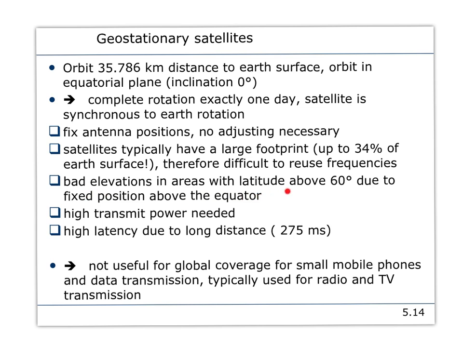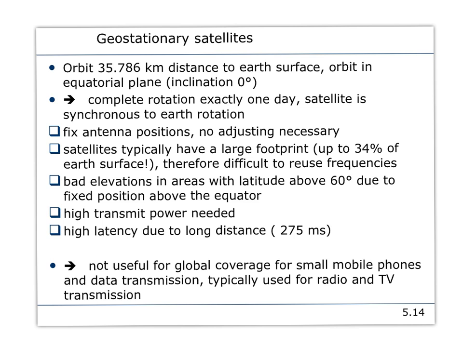Bad elevations in areas with latitude above 60 degrees due to the fixed position above the equator. So that's what we're talking about. Of course, because of the very large distance and very high altitude, you have to use transmit power sometimes close to 10 watts. And not only that, this is only to have any type of communication.